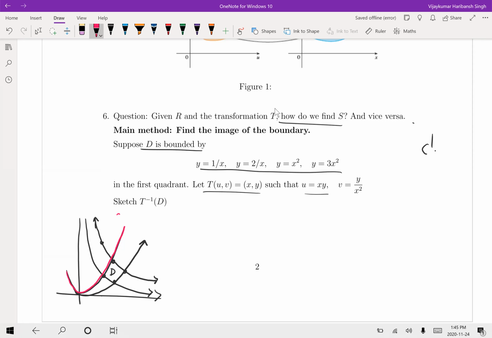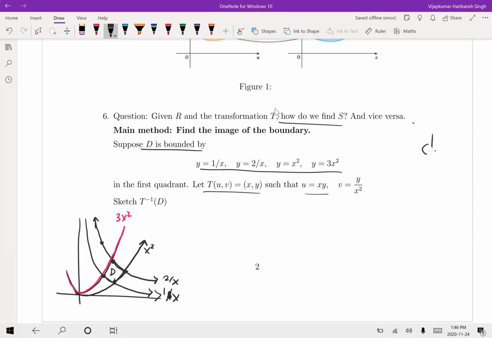This is 3x squared. This one is x squared. This one is 2 by x. This is 1 by x. So this is your region D.